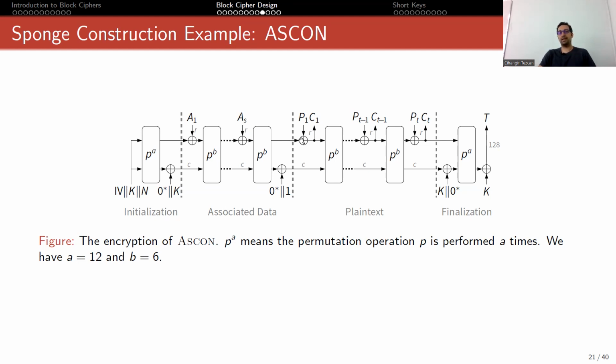Now your plain text actually modified your internal state, but you also leak some information from your internal state by producing the ciphertext. For this reason, you mix the internal state again by performing some S-box operations, permutations, whatever you design. Then you produce the second block, and so on and so forth. Finally, you produce all of your ciphertext, and this C is your ciphertext.